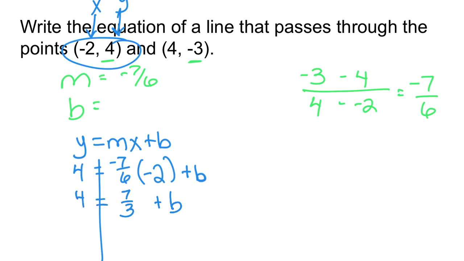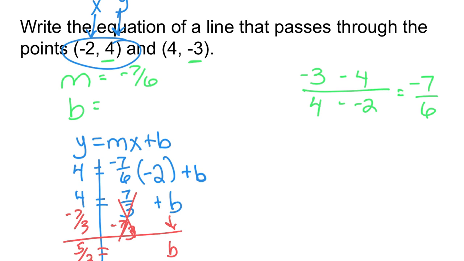And so then to get b by itself, I know you're used to seeing it where we try to get our letter to the left, but because b is already alone and already positive over here on the right side, the easiest thing to do is just to move the 7/3. So we subtract it because it was positive over here. And so our b is equal to 12 minus 7 is 5/3.